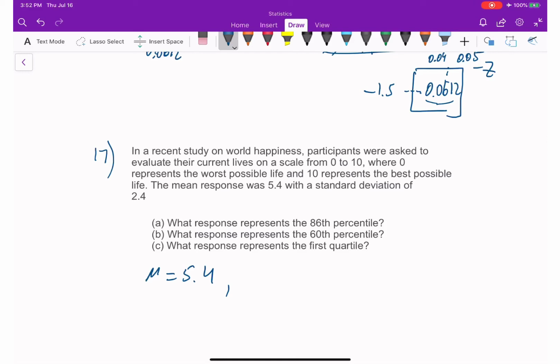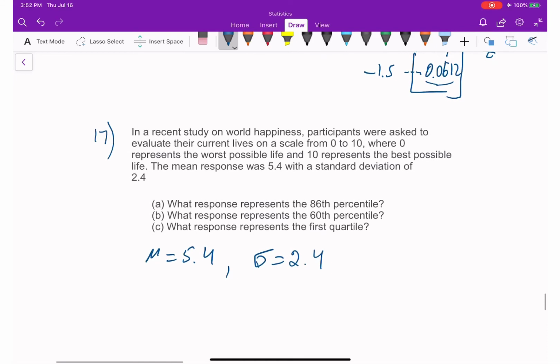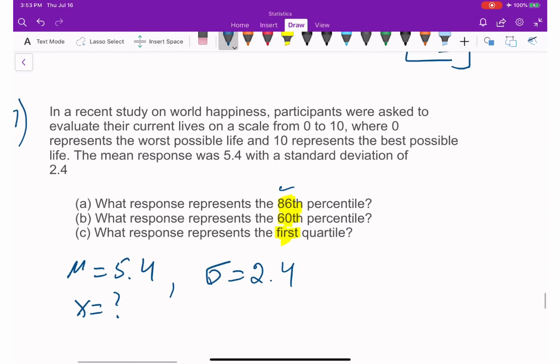The standard deviation is 2.4. And we need to find x. The response is x. X is equal to question mark. The only thing we are missing is the z-score, and we will have it from these percentiles: 86%, 60%, and the first quartile, which is 25%. Let me write this down first of all.